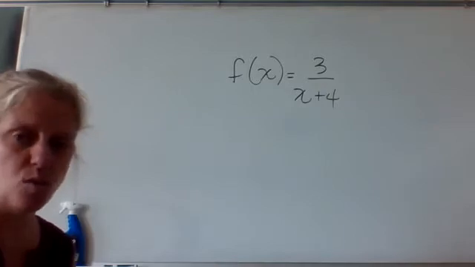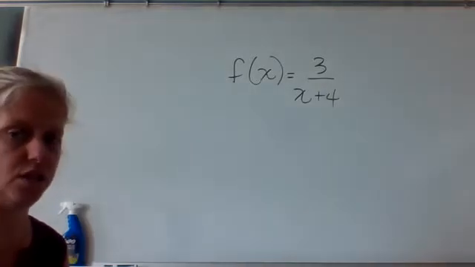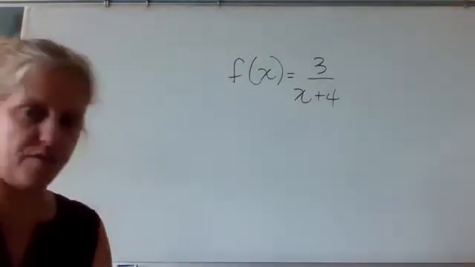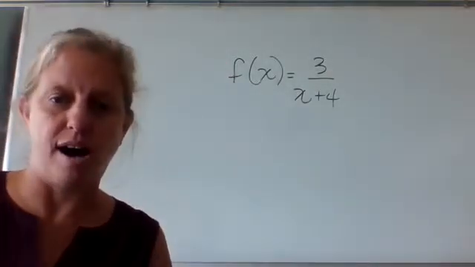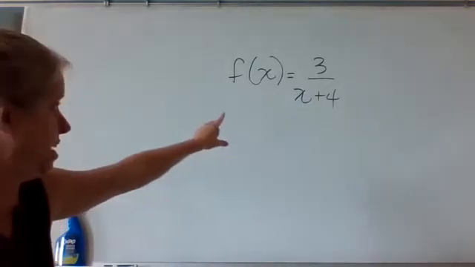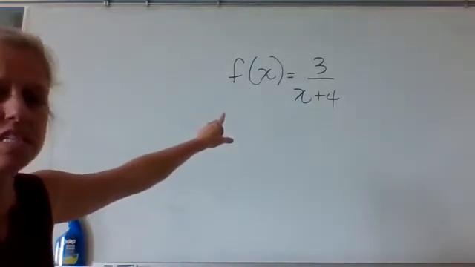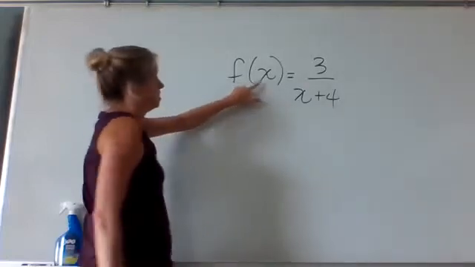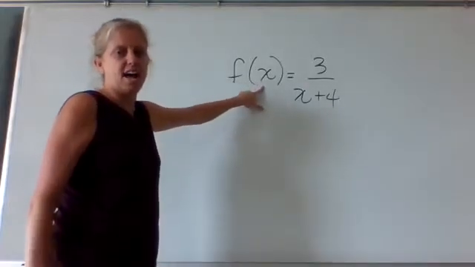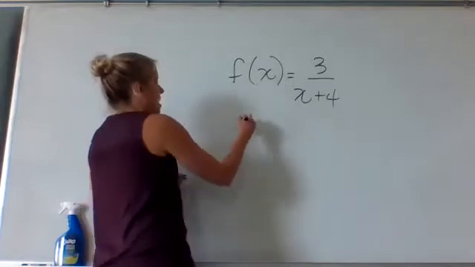Now, since it is 1 to 1, it wants you to find the inverse. What finding the inverse of a function means is I need to switch where my x and my y are. Well, if I'm looking at this right now, I don't even see a y. But remember, what is f of x? That's your y, isn't it? f of x and y mean the same thing.